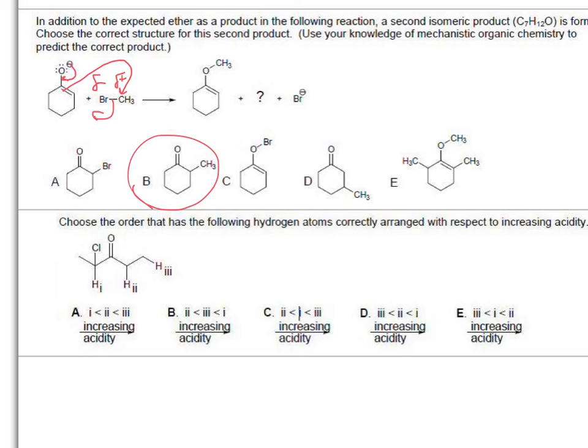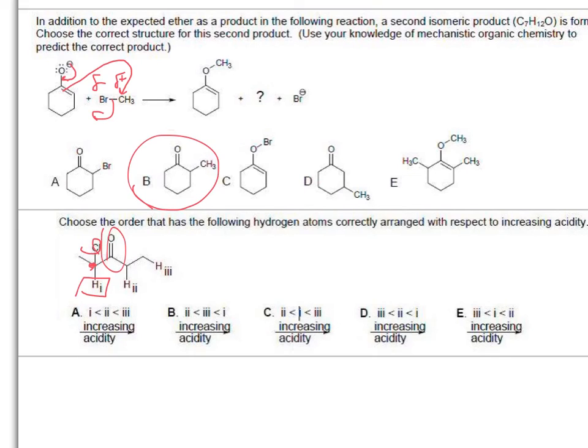All right, next question. Choose the order that has the following hydrogen atoms correctly arranged with respect to increasing acidity. Realize anytime you have electron withdrawing groups next to a carbon, that automatically means that it's going to be electron withdrawn, and that means that that particular hydrogen is going to be the most acidic.